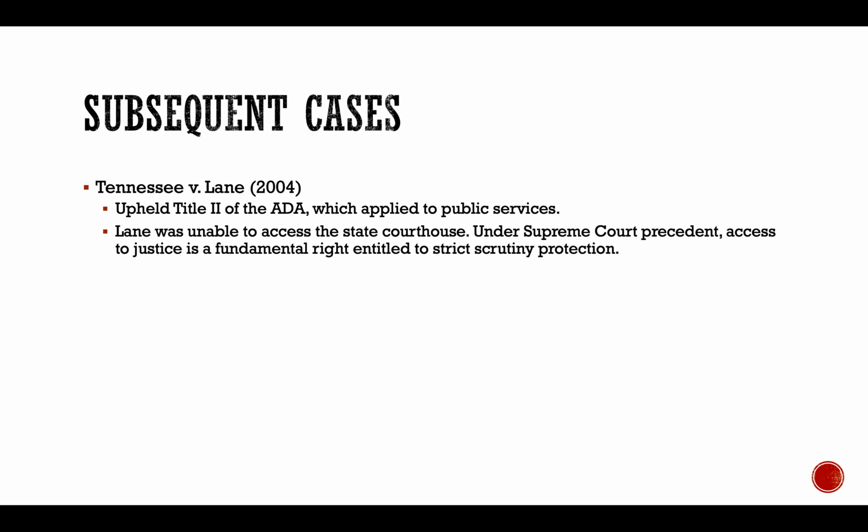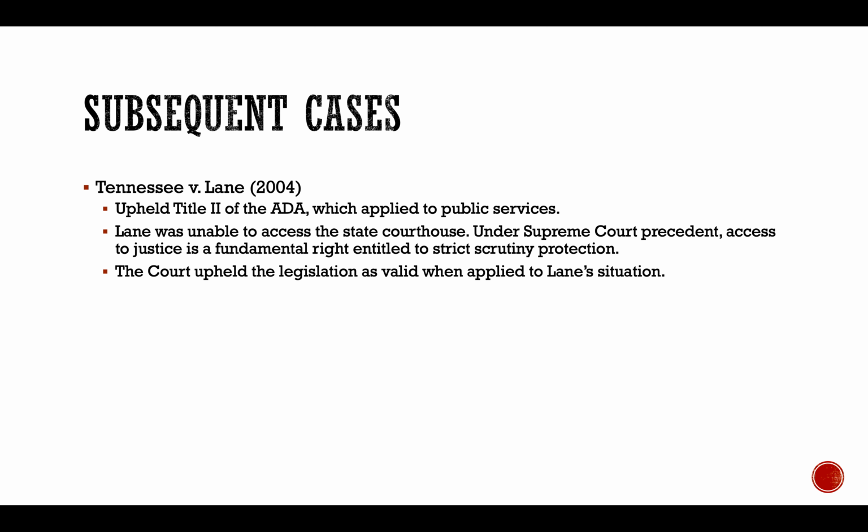And, of course, in all of these cases, we need to know what the substantive law is. Well, the court had previously held that access to justice is a fundamental right under the Due Process Clause of the 14th Amendment, and denials of access to justice merit strict scrutiny protection. So Justice Stevens writes this opinion, and he finds that the legislation was valid when applied to Lane's situation.